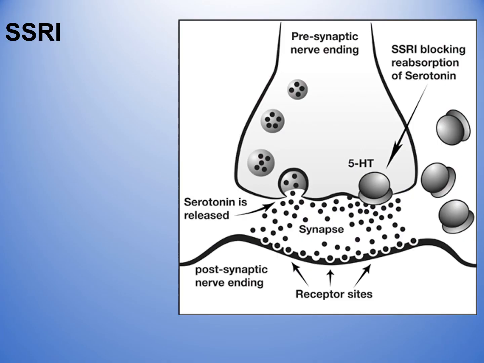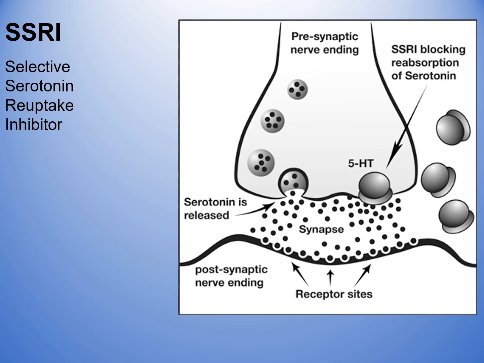Many antidepressant drugs work at the synapses in your central nervous system, in your brain, your limbic system that controls emotional input and output. But one type of drug that is widely used is called SSRIs, and those are selective serotonin reuptake inhibitors.